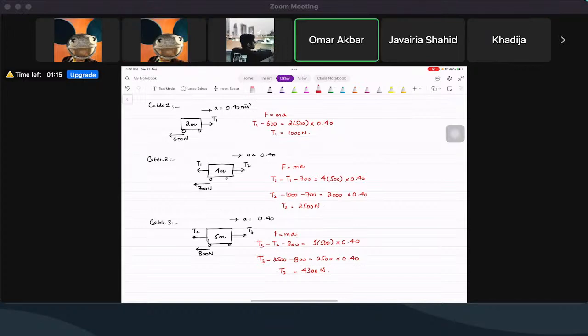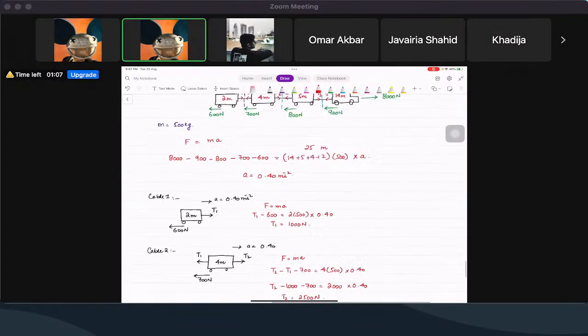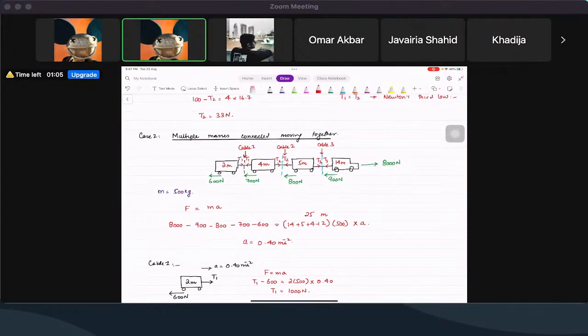Yes, sir. Now, to check whether my answers are correct, what I want you people to do is to just look at this section only and see if the T3 I found is the same as the T3 that you're going to find acting on the engine.